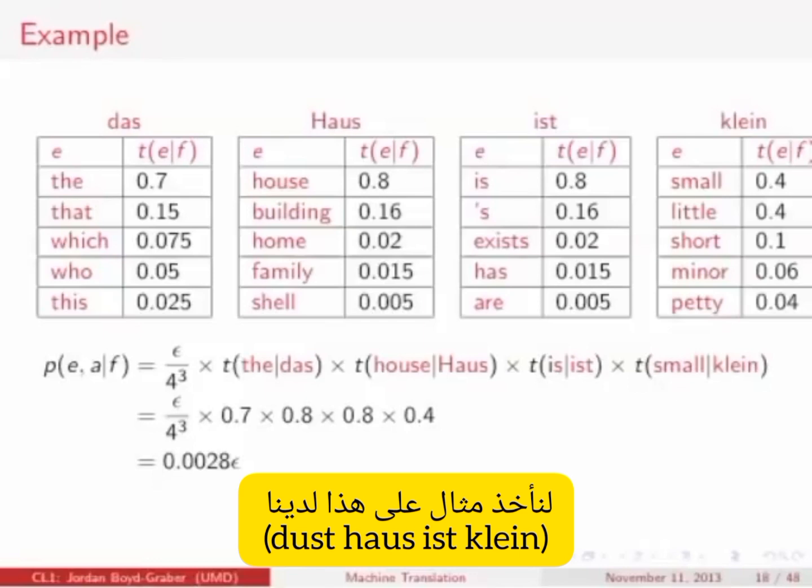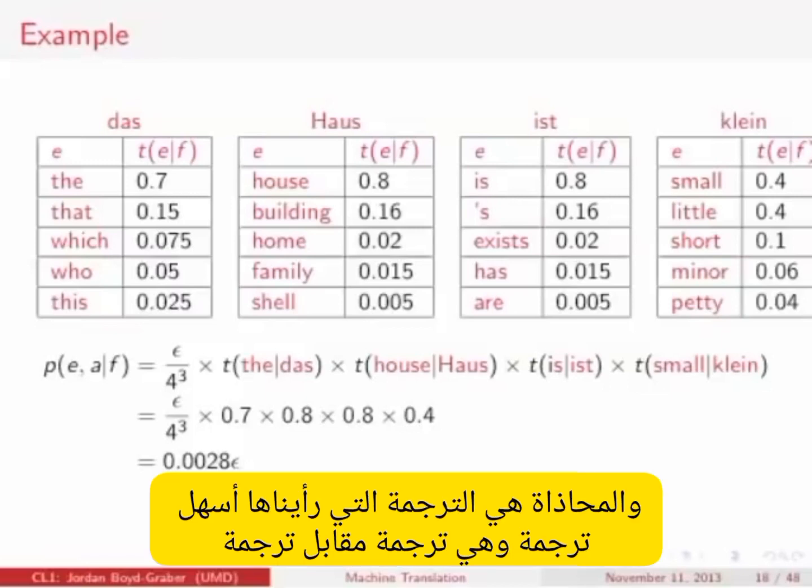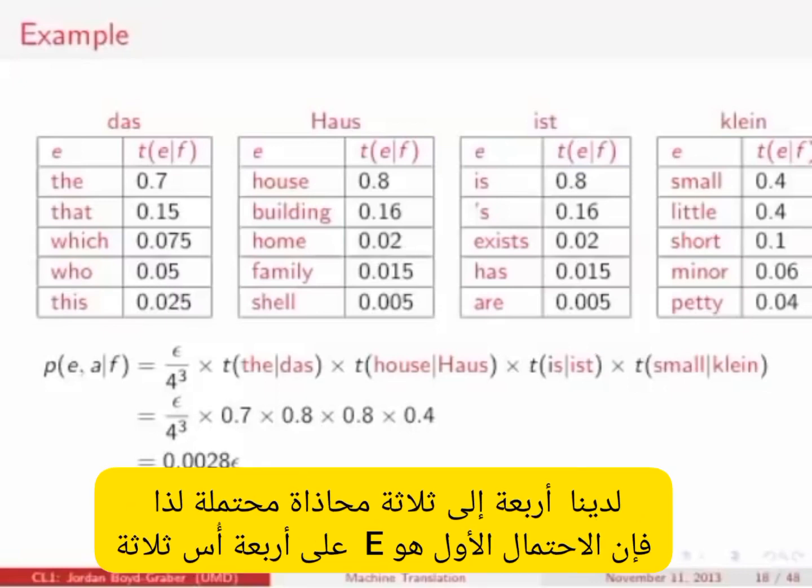So let's take a look at an example of this. Let's say that you have "Das Haus ist klein," and the alignment is the one-to-one translation, the easiest one that we saw. Here there are 4 to the 3 possible alignments.